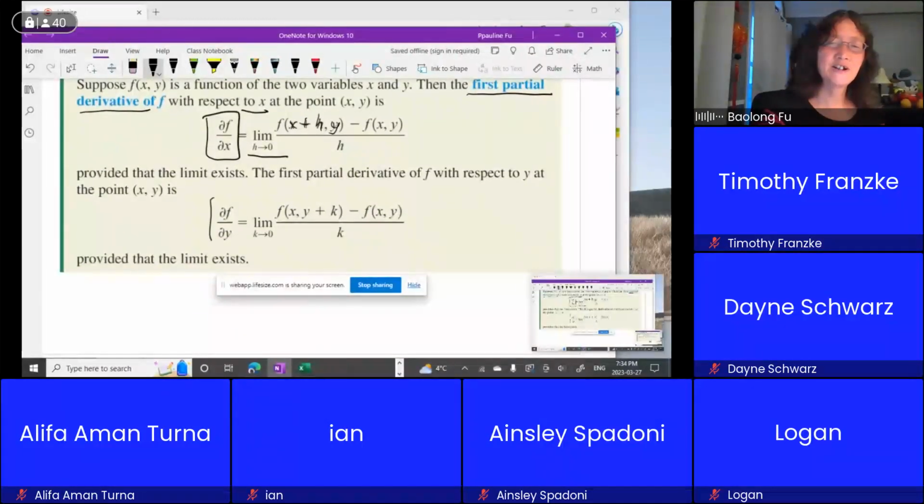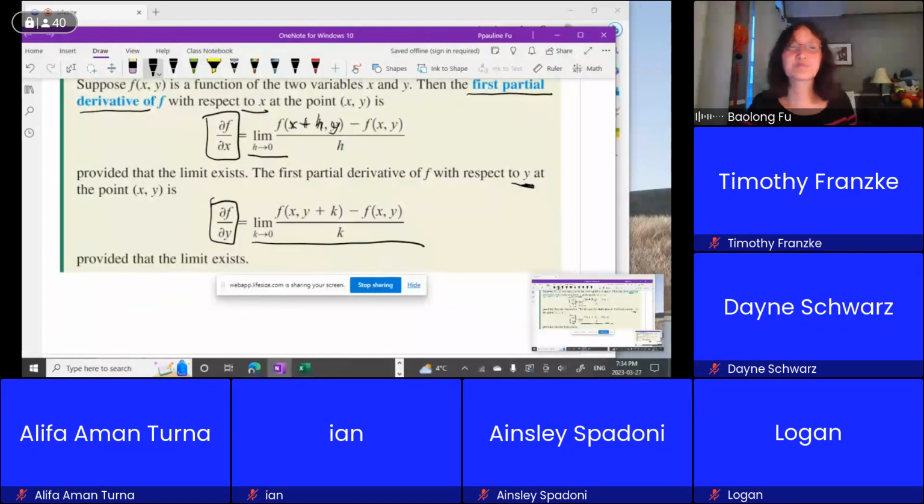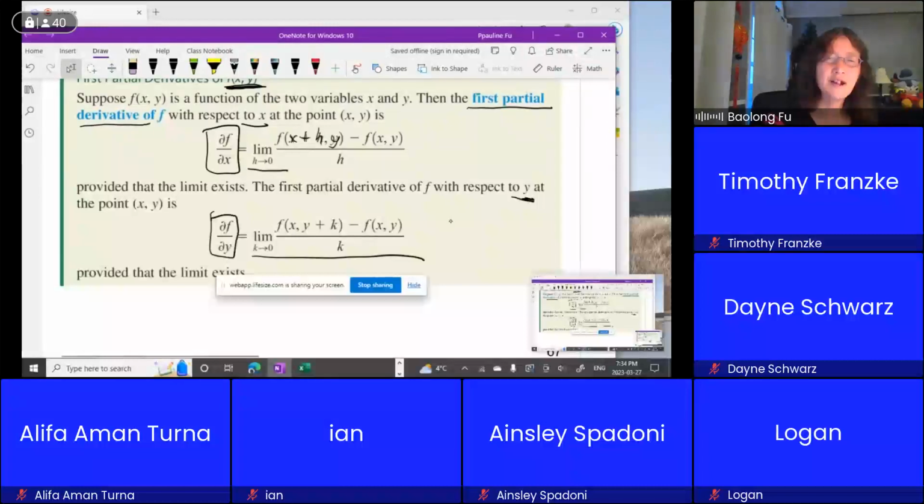Similarly, the derivative relative to y is this function. When you take the derivative relative to x, you consider y constant. When you take the derivative relative to y, you take x as constant.